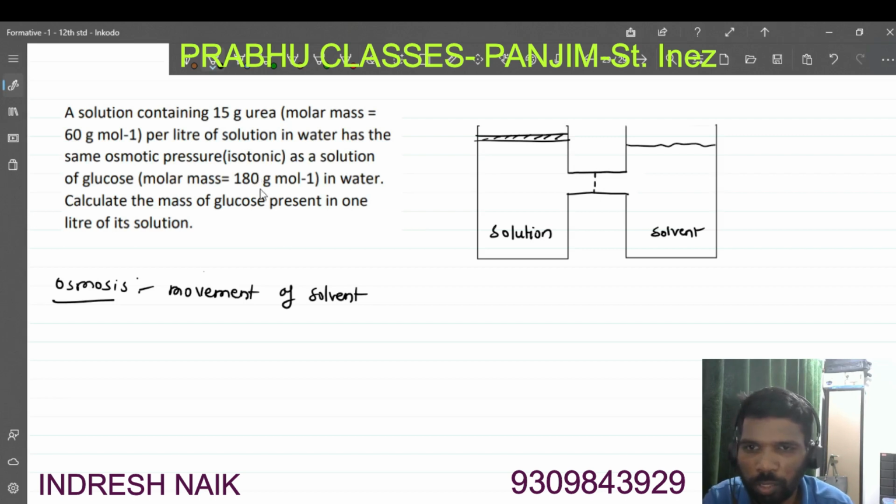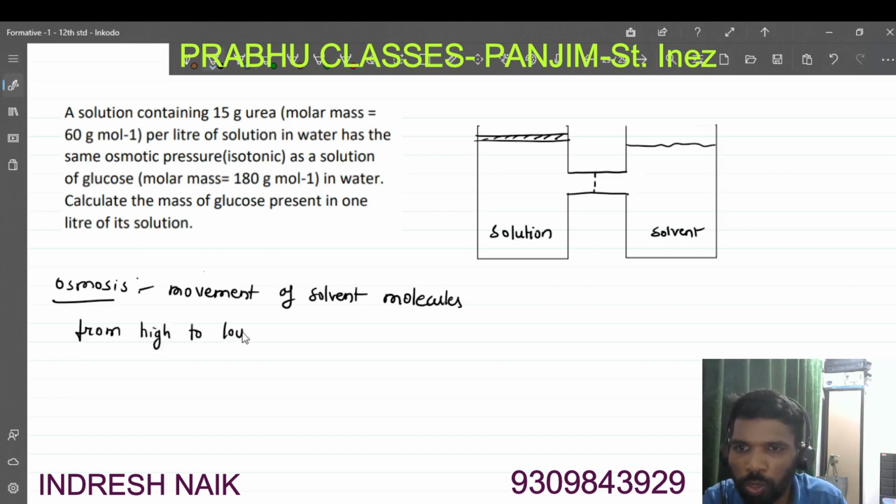Movement of the solvent molecules from high concentration to low concentration through a semi-permeable membrane.